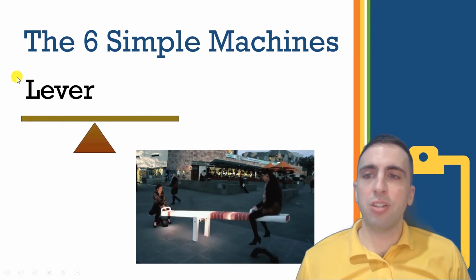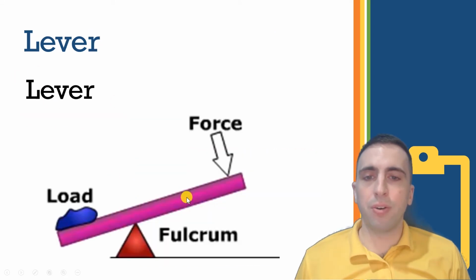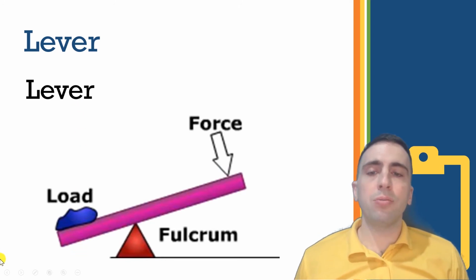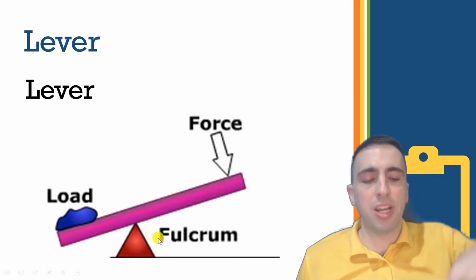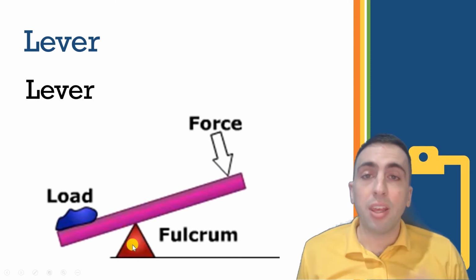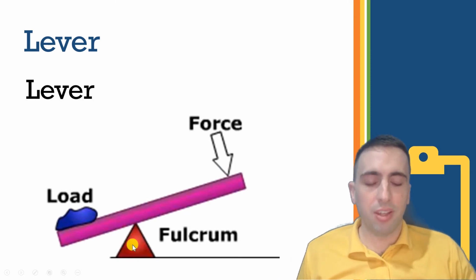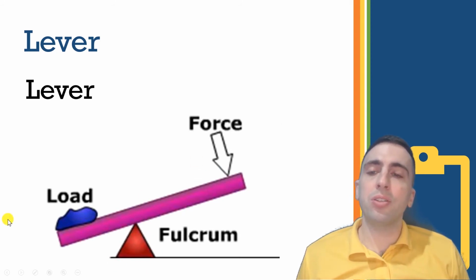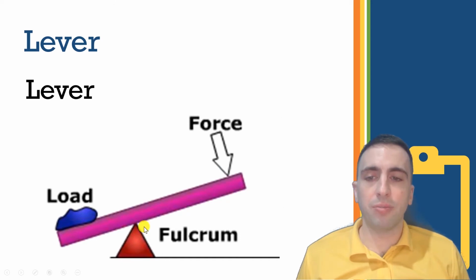Look, it changes the direction of the force. We push the force down, and what happens to the load? It goes up. What if you don't have a fulcrum? What's going to happen when you push on the lever? It will do nothing. You need this fulcrum if you want to lift something with a lever.